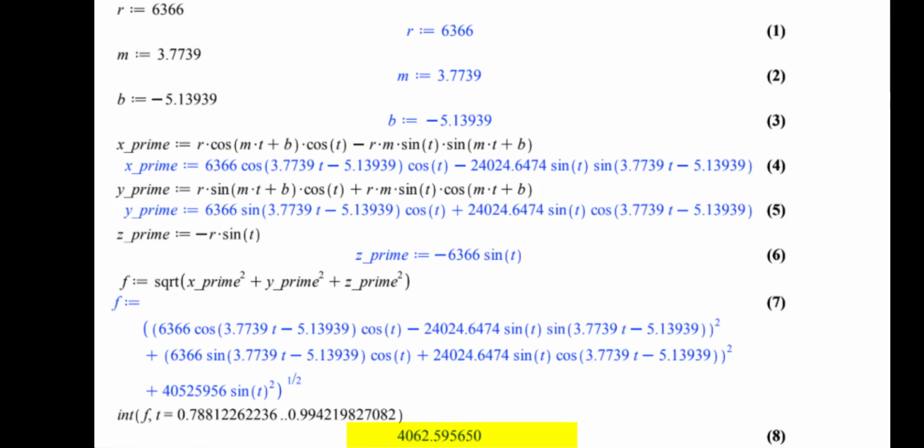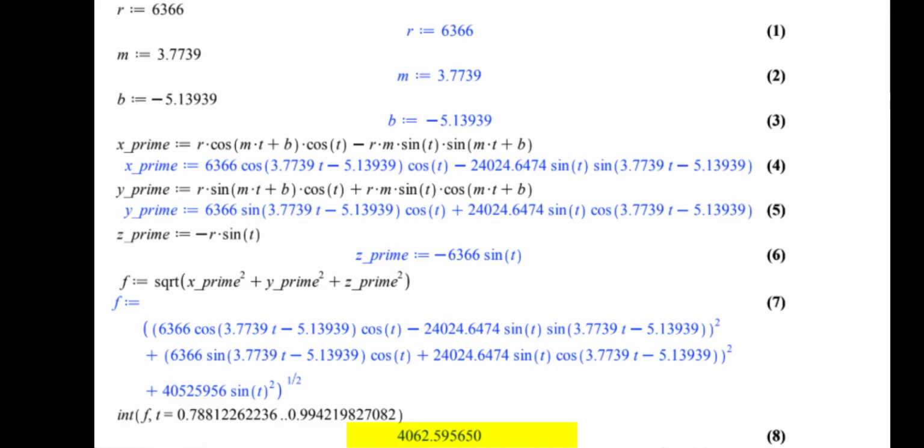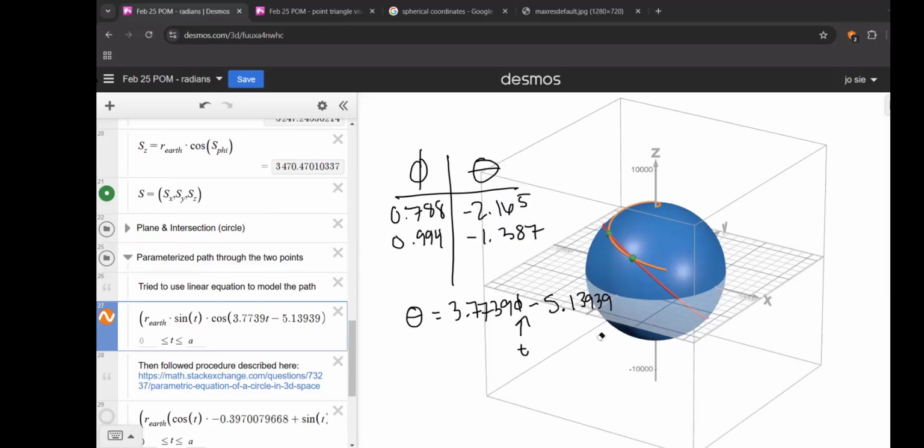And as expected, you can see on our visual here that this looks to be a little bit longer than the straight circle, and the answer I got was a little bit longer. It wasn't too far off though, so I thought to myself, maybe I should just stop there. I spent probably a couple more hours playing around trying to figure out how I would do a circle, and I really wasn't quite getting it.